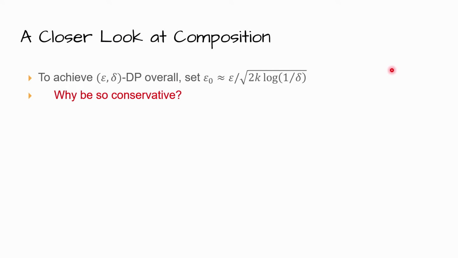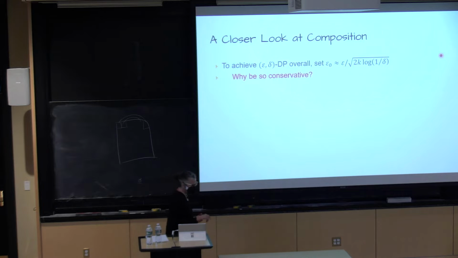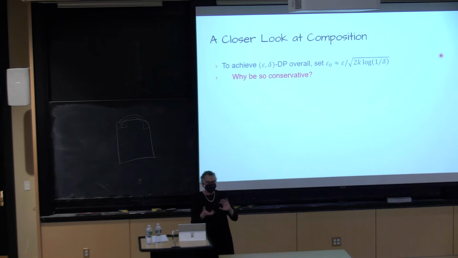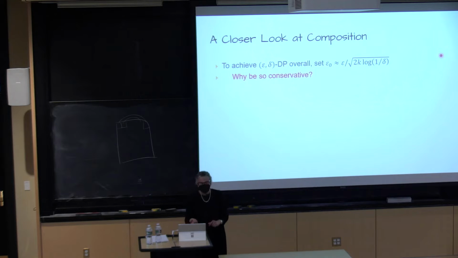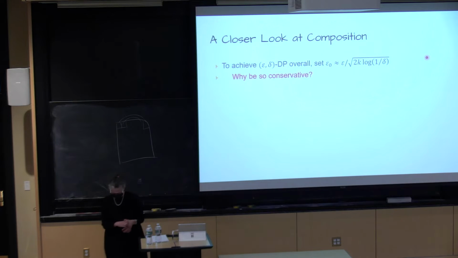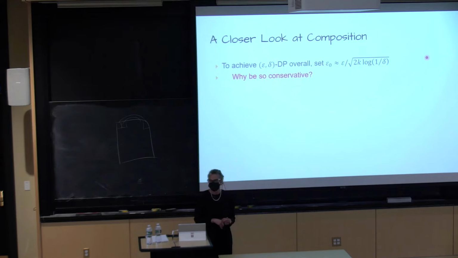So let's go back to this statement. We're composing a bunch of differentially private algorithms. And as I indicated, the same statement is essentially true whether we're talking about approximate differential privacy or pure differential privacy. And to get an overall epsilon, we set epsilon naught to have this form. So you might ask, why be so restrictive?